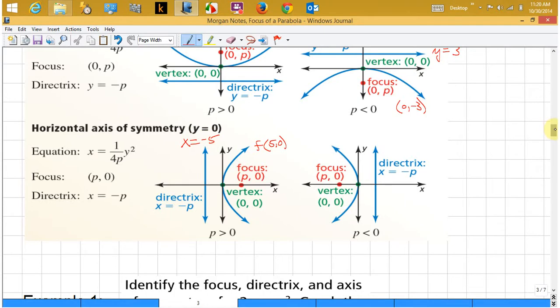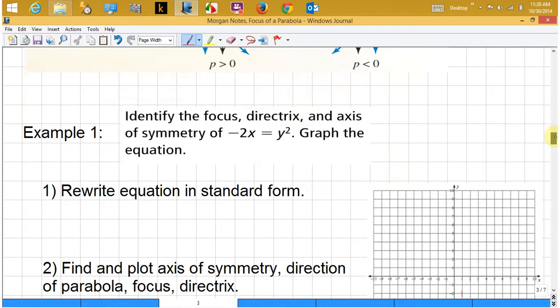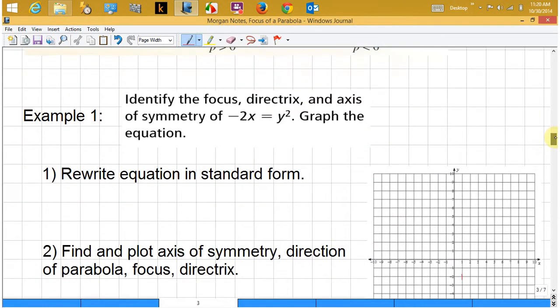Okay, let's work some examples. Identify the focus, directrix, and axis of symmetry of this particular equation. Notice the y is squared, so we want to get all the numbers on this side, x equal to something on the other. So let's start. I have negative 2x is equal to y squared.